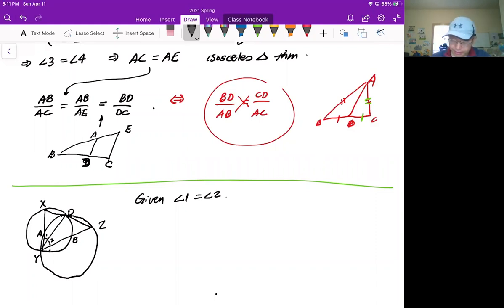So let's see how we can do this. Well, I want to prove the following: I want to prove that AX is the same as BZ. So let's try that.